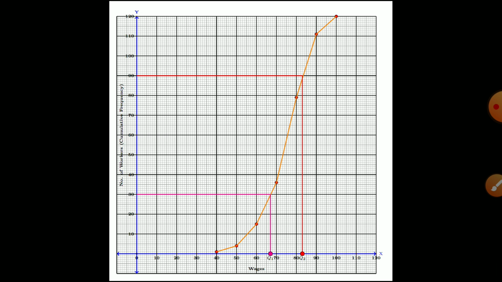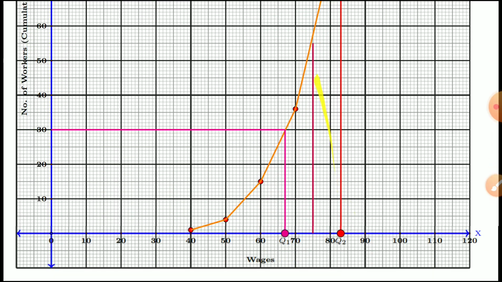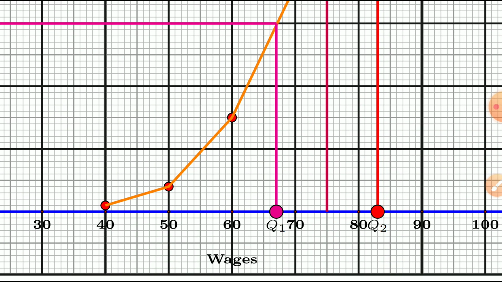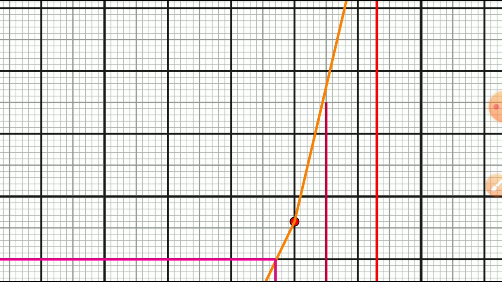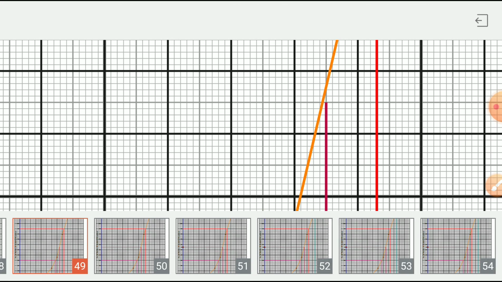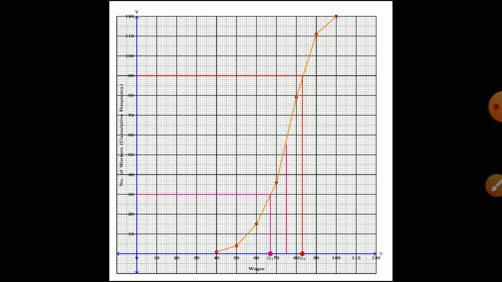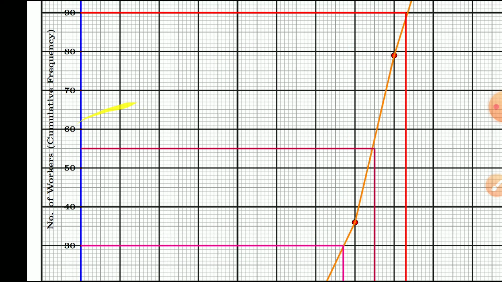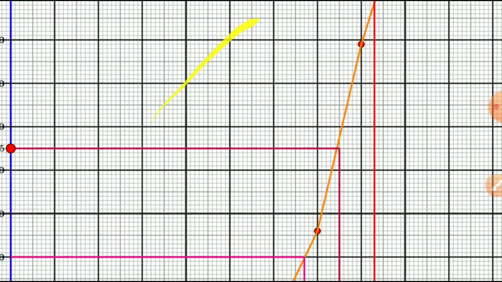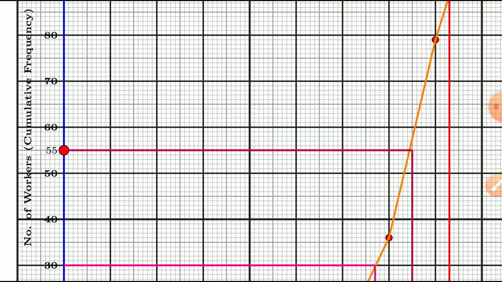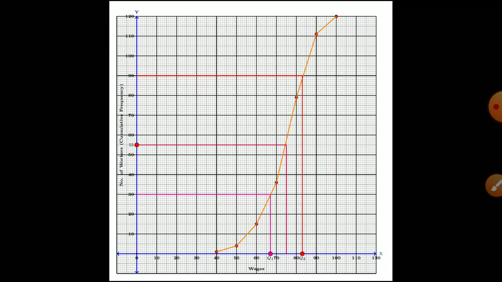Now we find 75 on the x-axis. 75 is here, and from that 75 we draw one vertical line which crosses our graph at some point, and from that point we draw one horizontal line which crosses the y-axis at this point, and that value is 55. Similarly, we find 95 on the x-axis.